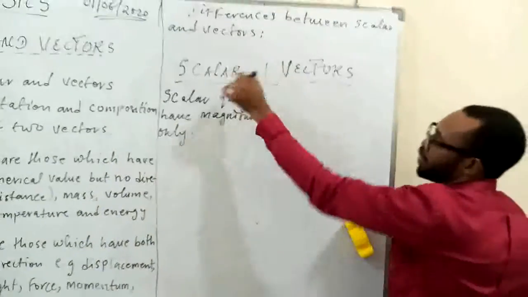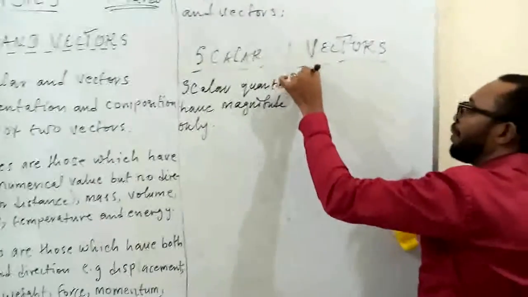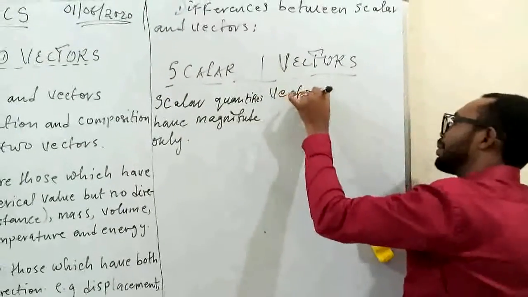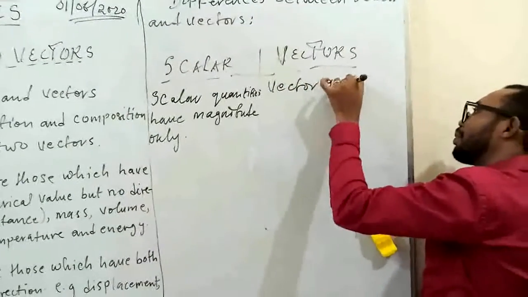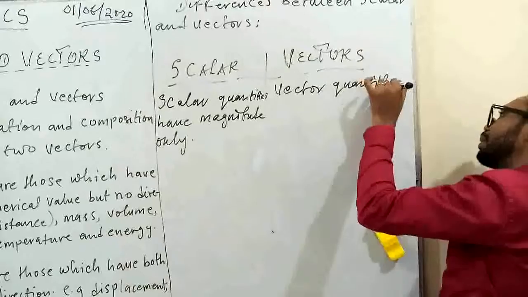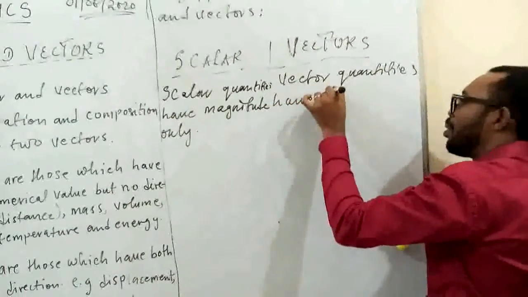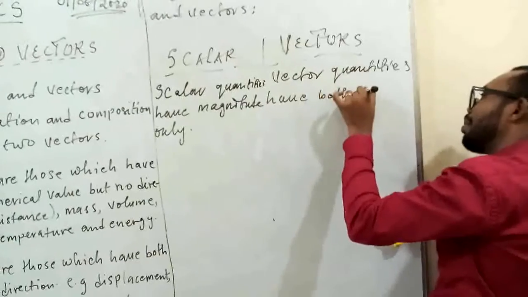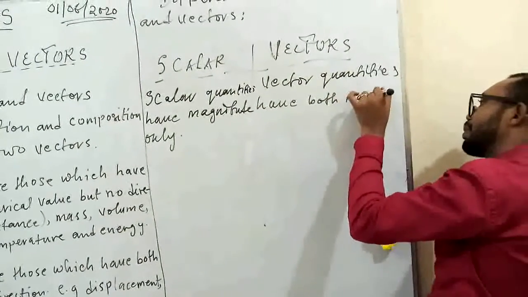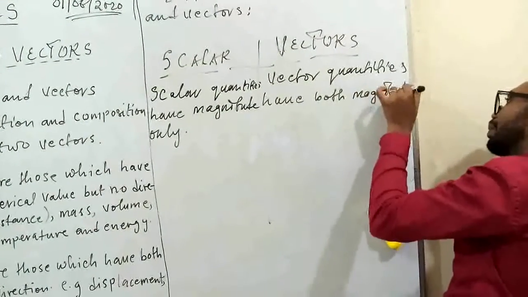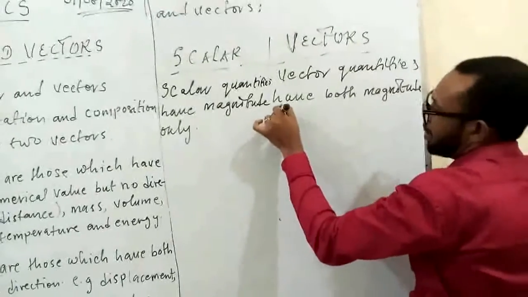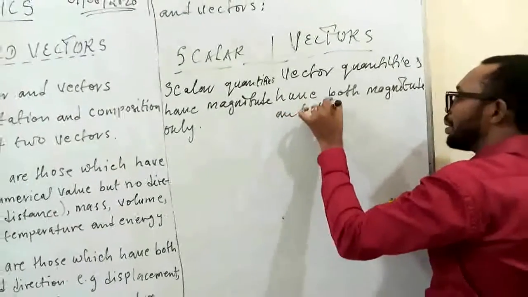Whereas vector quantities have both magnitude and direction.